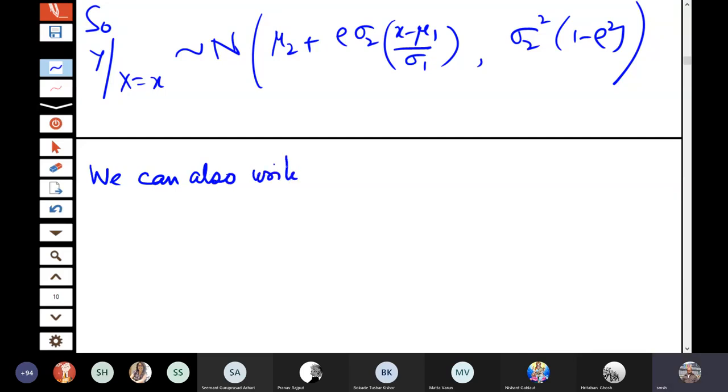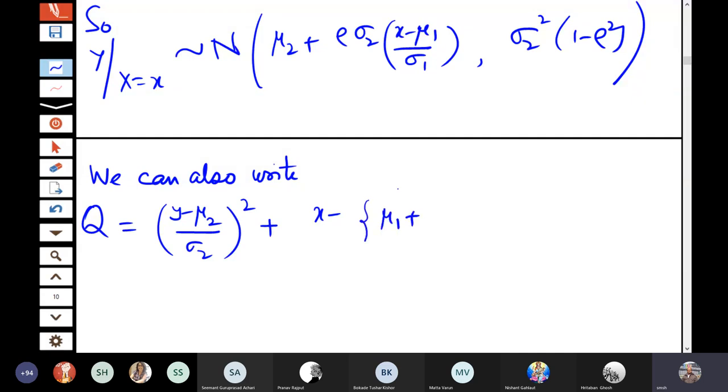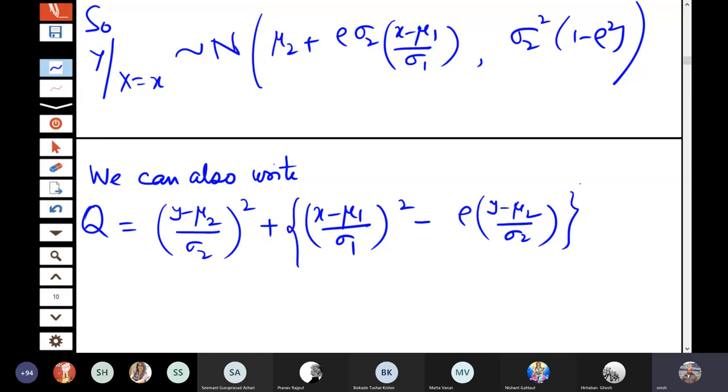We can also write q as y minus mu 2 by sigma 2 square plus x minus mu 1 plus rho sigma 1 by sigma 1 square, y minus mu 2 by sigma 2, whole square.